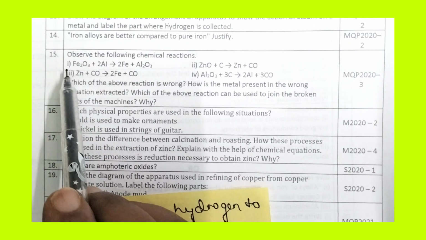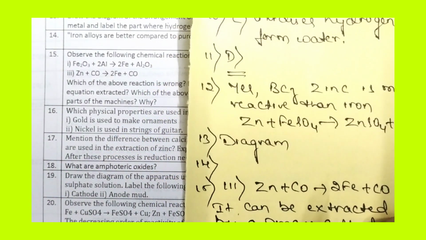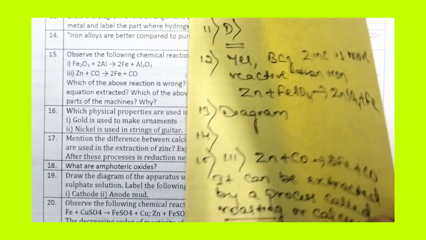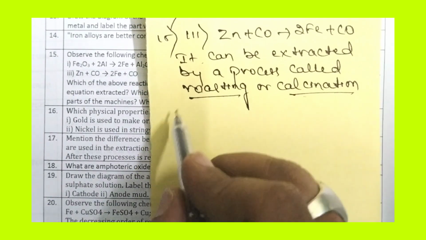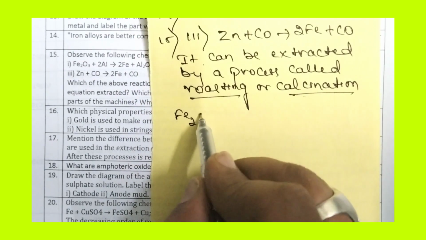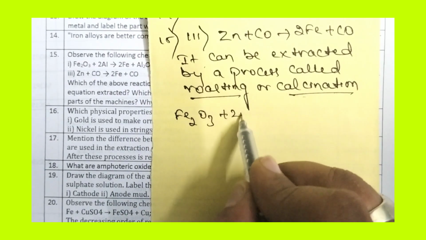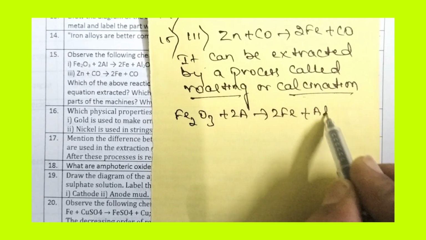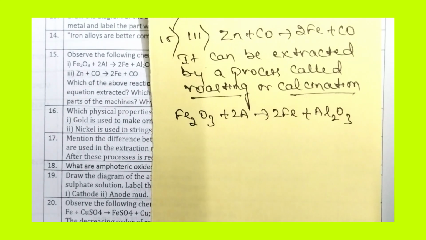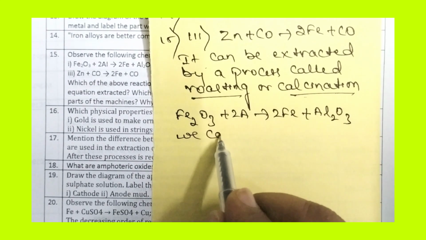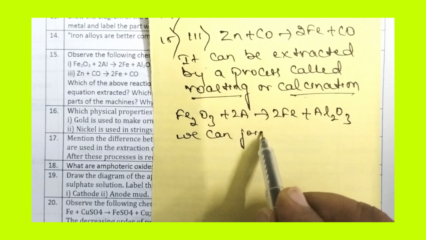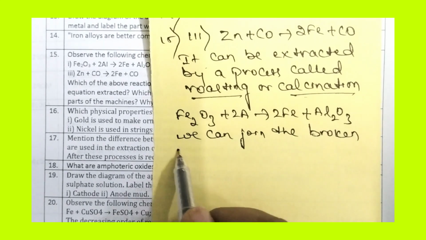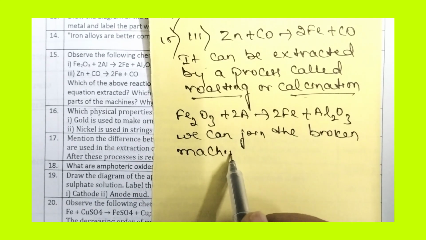Here, the first equation is Fe2O3 plus 2Al. So let us answer that question. That is Fe2O3 plus 2Al give rise to 2Fe plus Al2O3. Using this, we can join the broken machine parts.